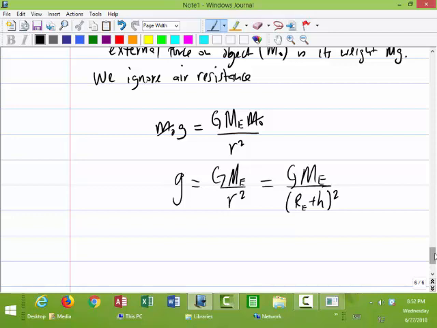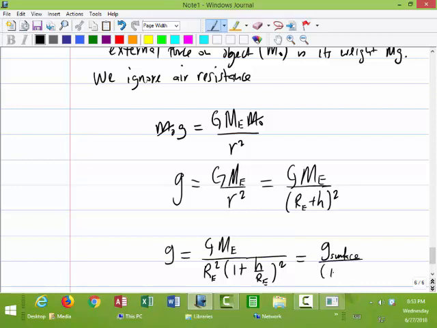We can make a slight algebraic change to get G times mass of the Earth, divided by the radius of the Earth squared, taken out, and then you have 1 plus h over the radius of Earth, squared. G times the mass of the Earth over the radius of the Earth squared is just the gravitational acceleration on the surface of the Earth, and we divide that by 1 plus h over r e, all squared.